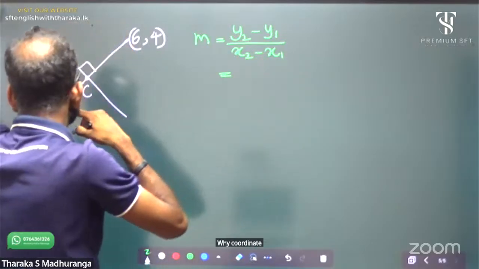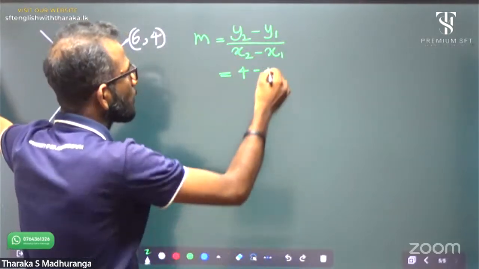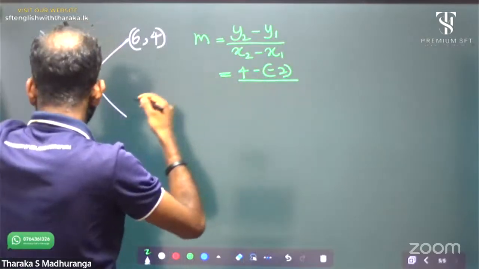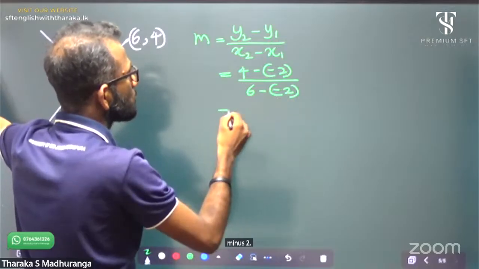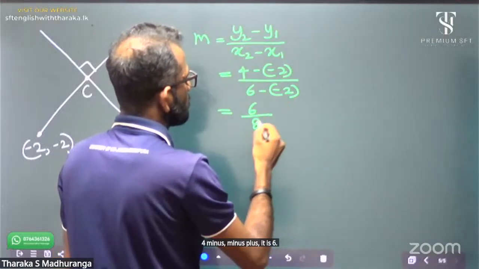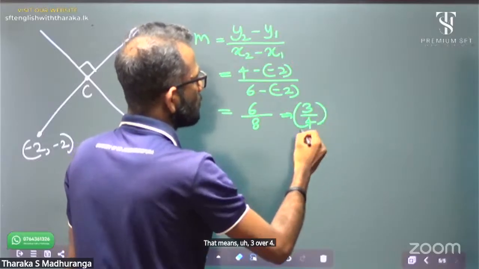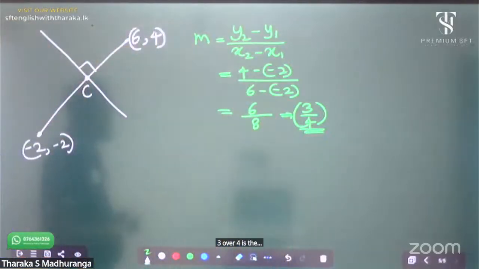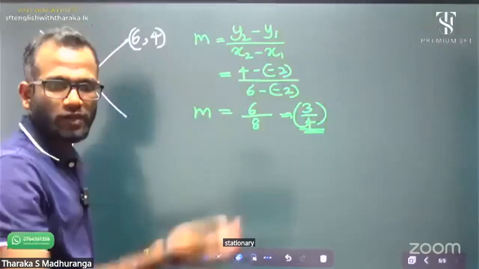The y difference is 4 minus -2, divided by 6 minus -2. That is 6 over 8, which means 3/4. 3/4 is the gradient of the given line, the stationary 2 ships' straight line.